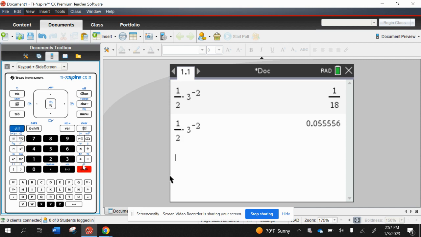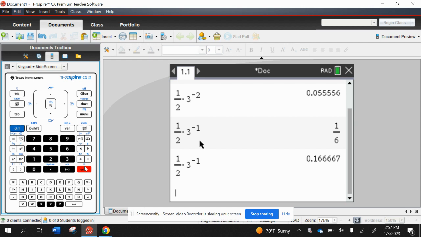So that's 0.06. Now we can highlight, enter, change the -2 to a -1, press enter, and that's 1 divided by 6. And again, we press Control Enter to get the decimal.